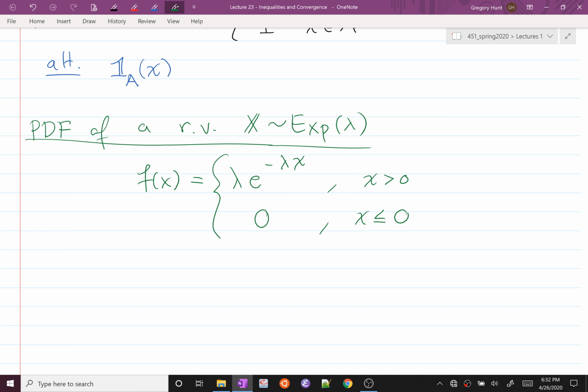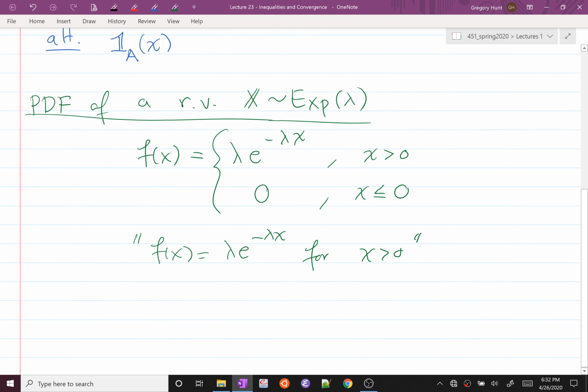Oftentimes we're very loose, and we'll just write f of x is equal to lambda e to the negative lambda x, for x bigger than 0. It's understood that it's 0 everywhere else.